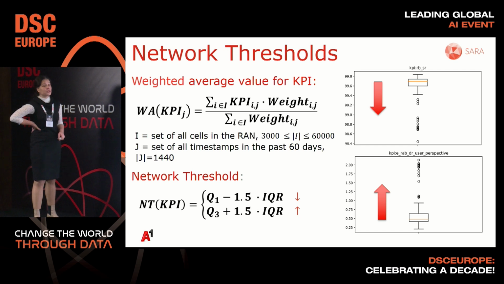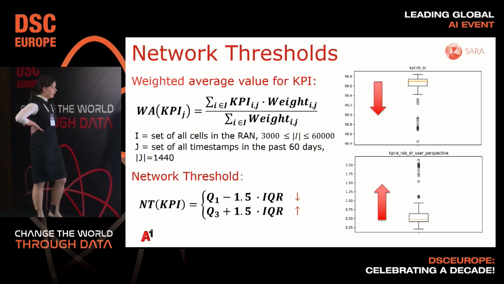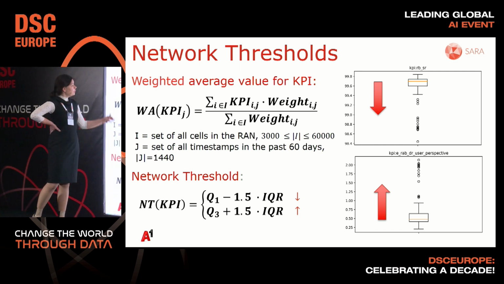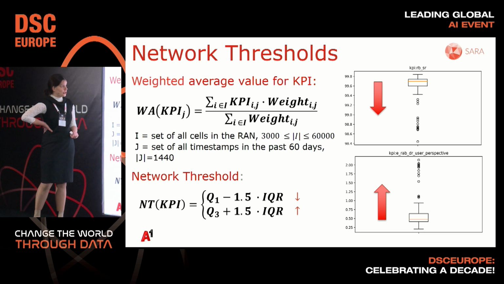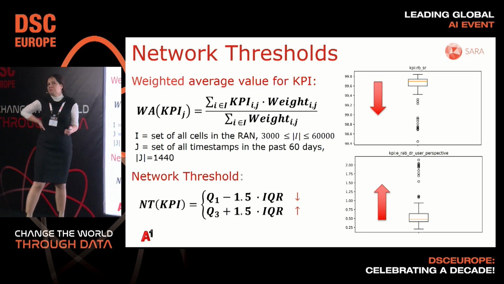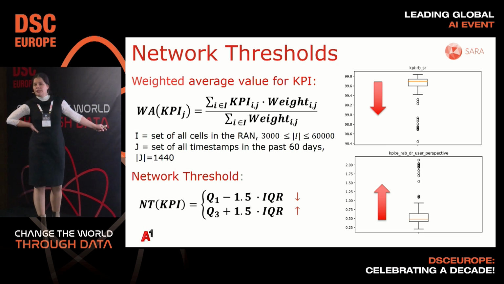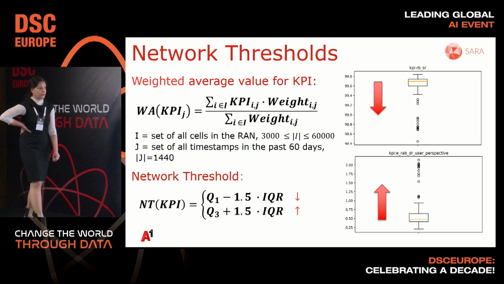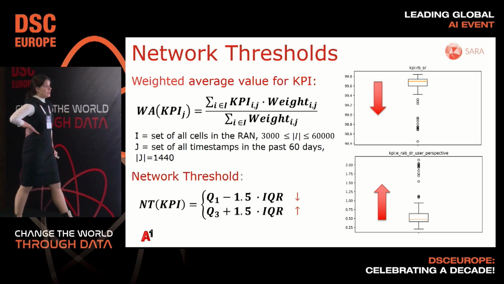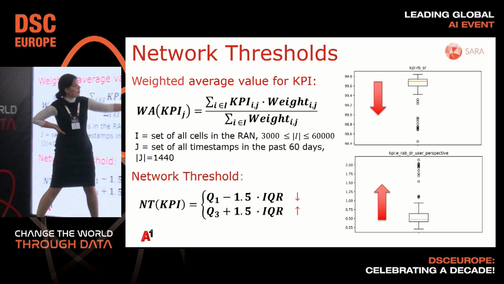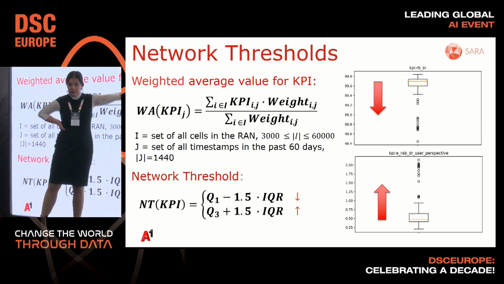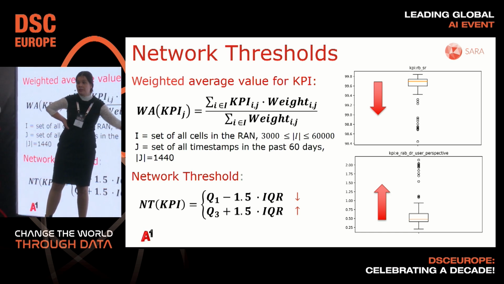And which type of calculations? Some are really simple. And for network thresholds, we decided to use the interquartile range method. Depending on whether we are working with a KPI that presents success rate or drop rate, we have direction.